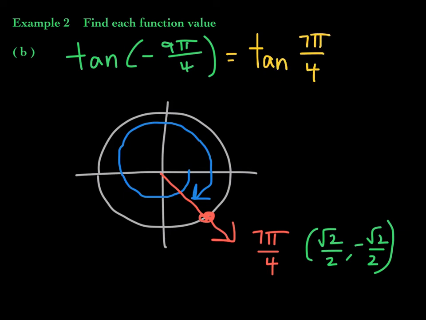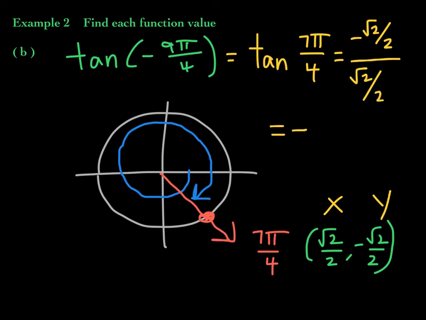And remember that tangent is defined to be y over x. Well, ladies and gentlemen, this is your y value right here, and this is your x value. So tangent of 7 pi over 4, which is the same thing as tangent of negative 9 pi over 4, is equal to negative root 2 over 2, that's your y value, over positive root 2 over 2. So the final answer is negative 1.